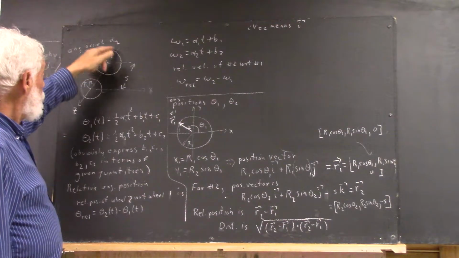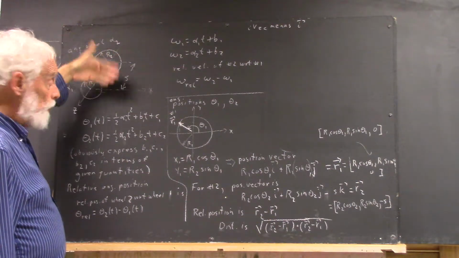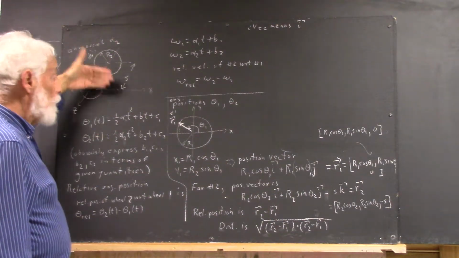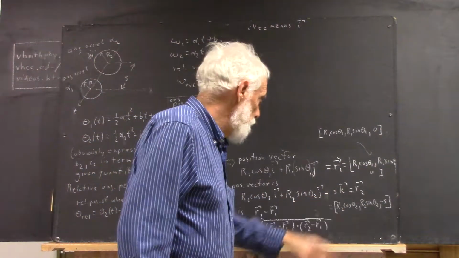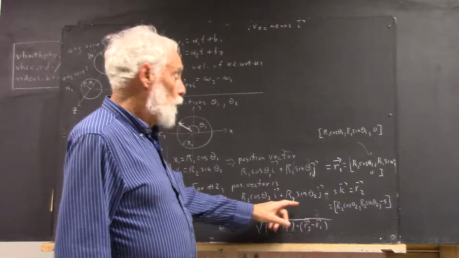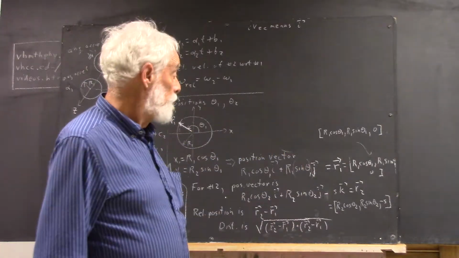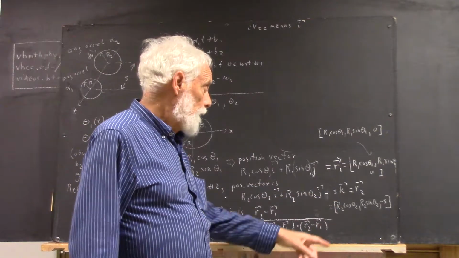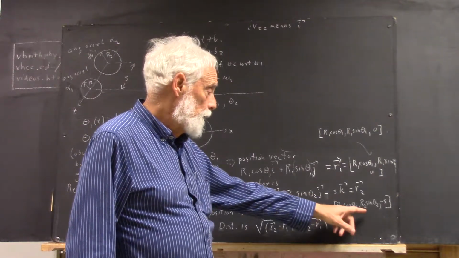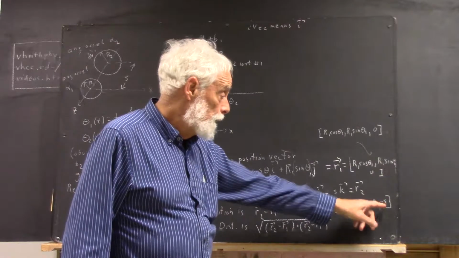So at any point on the wheel, your z coordinate is negative s, so we're going to have a negative s k. There's the x and y component by the circular model, and there's your z component. We could write that vector as r2 cosine theta 2, r2 sine theta 2, negative s.